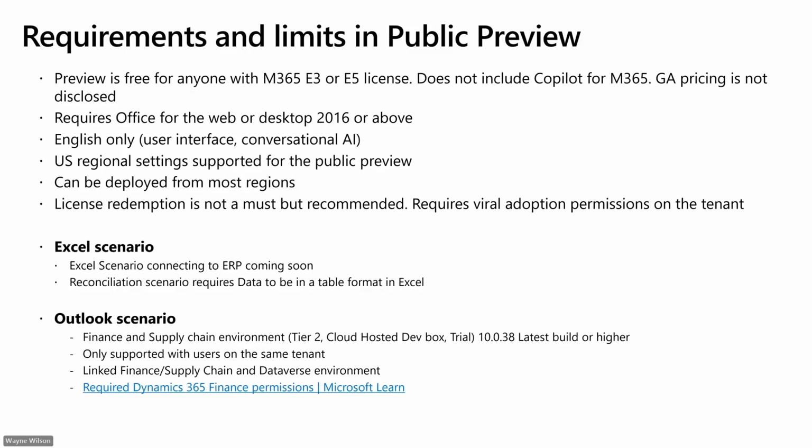In other words, if you have any Microsoft-managed tier 2 environment or any cloud-hosted environment, which is DevBox or CHE as known in other terms, you can simply start the deployment from LCS and you will get an out-of-the-box FnO environment and a linked Dataverse environment. You can use this for your testing purposes, or you can link it to an existing environment that you have. Once you have the link, your users have access to both environments. You will be able to see the environment in the drop-down list in the Outlook scenarios.